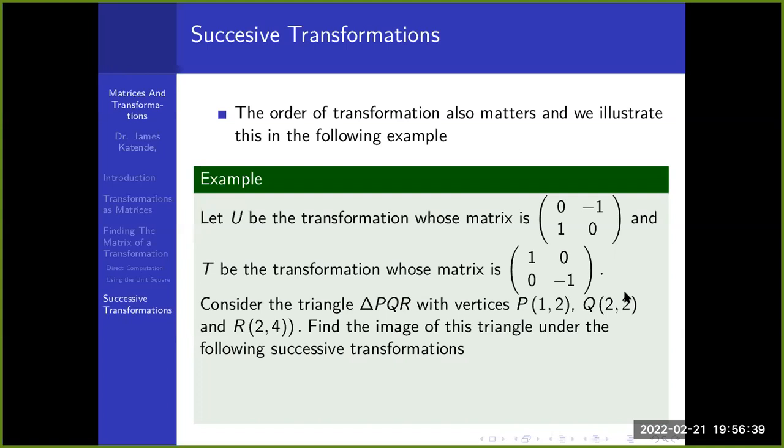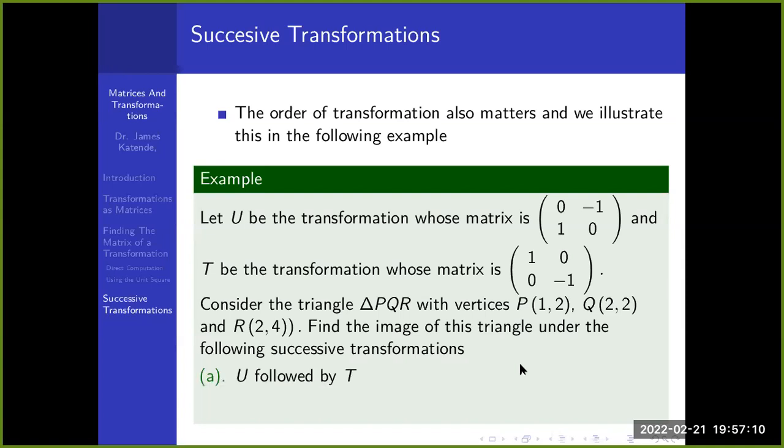For now, we don't bother too much with that. So T is a transformation with this matrix, and U is a transformation with this matrix up here. And we are going to let the two act successively on this triangle PQR with the vertices 1, 2, 2, 2, and 2, 4.